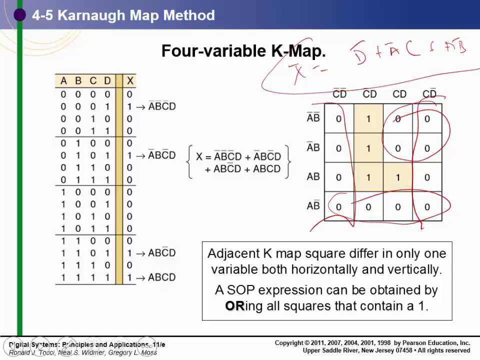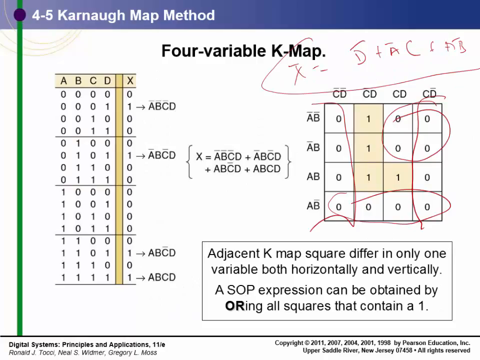And then you apply, well, let me, I don't have an easy way of copying that there. So this is what the function is not. So D naught plus A naught C plus A B naught right there.